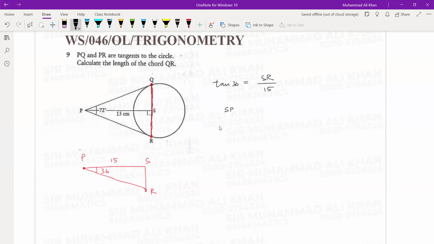So SR equals 15 tan 36. So what is the answer? 10.9. Therefore, QR is twice SR. And what is the answer? 21.8 is the result. Are you clear?